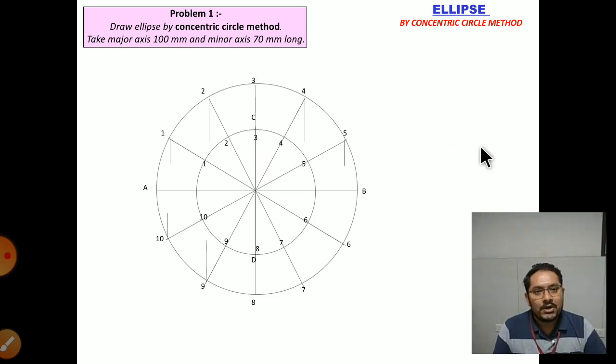Now, for the further drawing, we'll draw a horizontal line that will be parallel to the major axis. So, like this, a line passing through point 1, then passing through 2. We'll draw all the lines passing through 4, 5, 6, 7, 9 and 10.